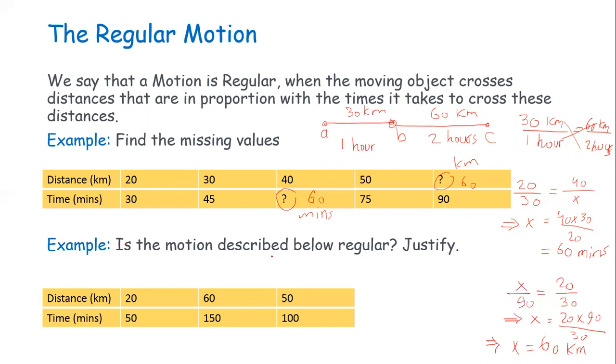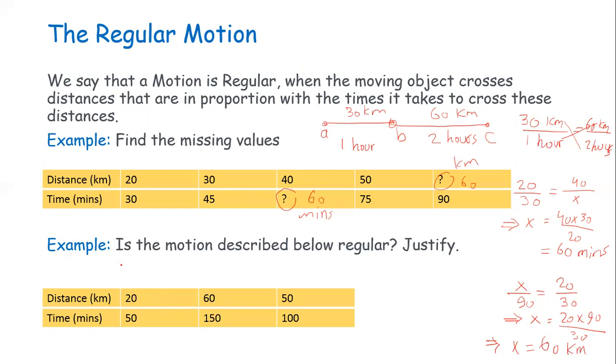Is the motion described below regular? Justify your answer. So we have this table. In order for the motion to be regular, the distances that the object crosses must be in proportion with the times that it takes to cross these distances, according to the definition of the regular motion. We notice that the two ratios, which are 20 over 50 and 60 over 150, are in proportion, and we can prove that through the cross product rule.